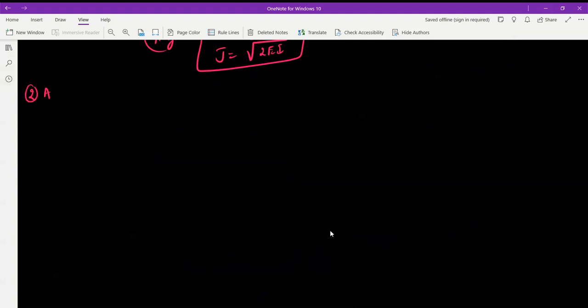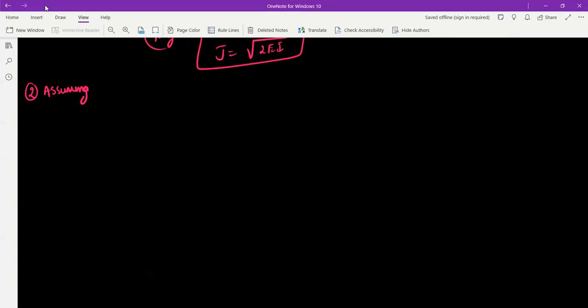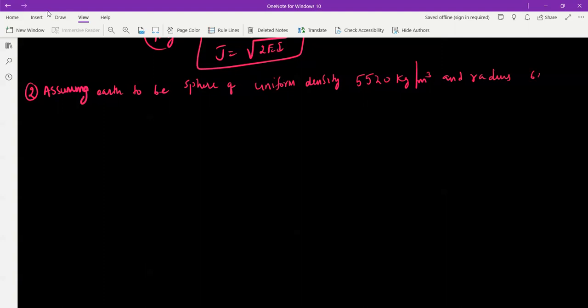Second question, assuming Earth to be a sphere of uniform density 5520 kg per meter cube and radius 6400 kilometer, calculate the moment of inertia about its axis of rotation.